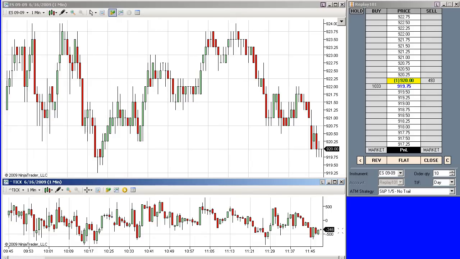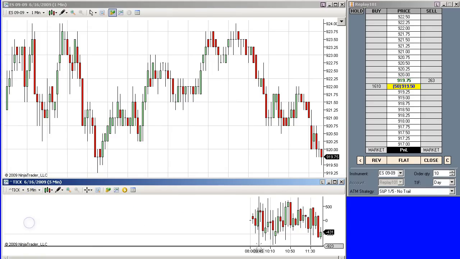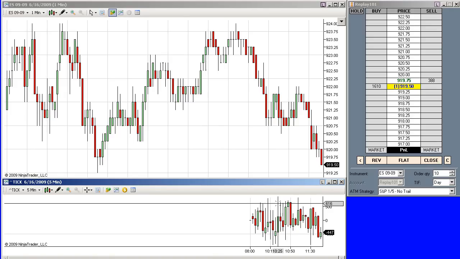When it hits extreme levels, 800, 900, 1,000, these are all extreme levels, and they can't last for a very long time. So generally, once the tick reaches a level that I consider an extreme, it'll often reverse, and you can see here, when it went down to negative 800, it reversed and went back up to positive territory.